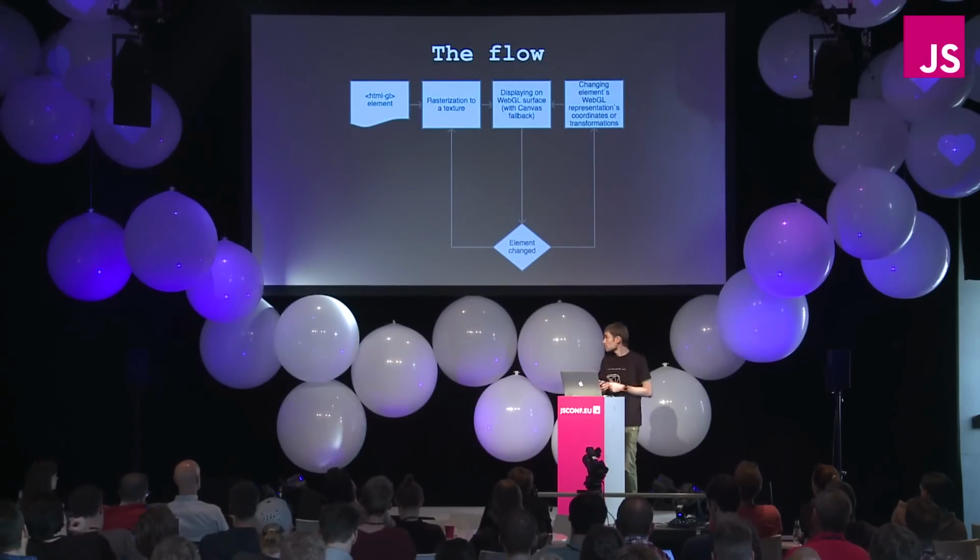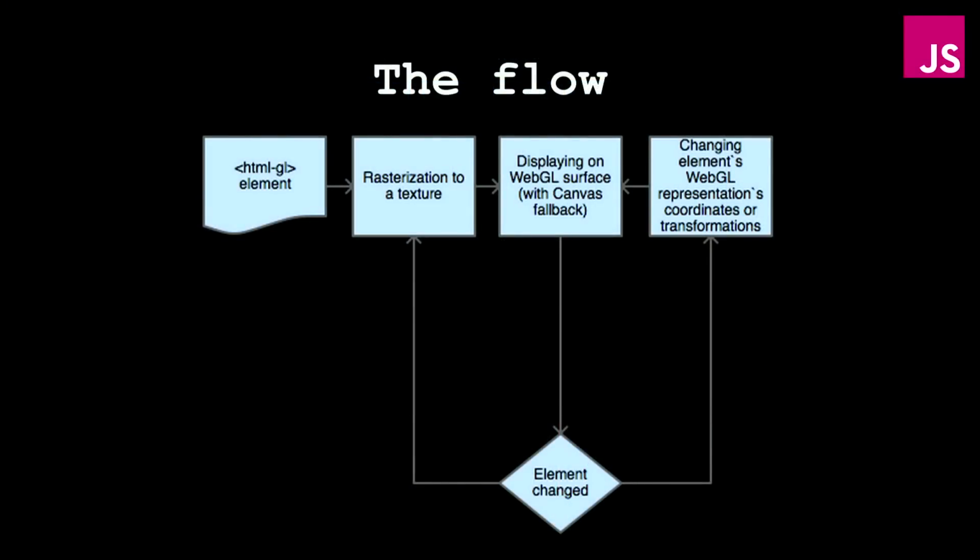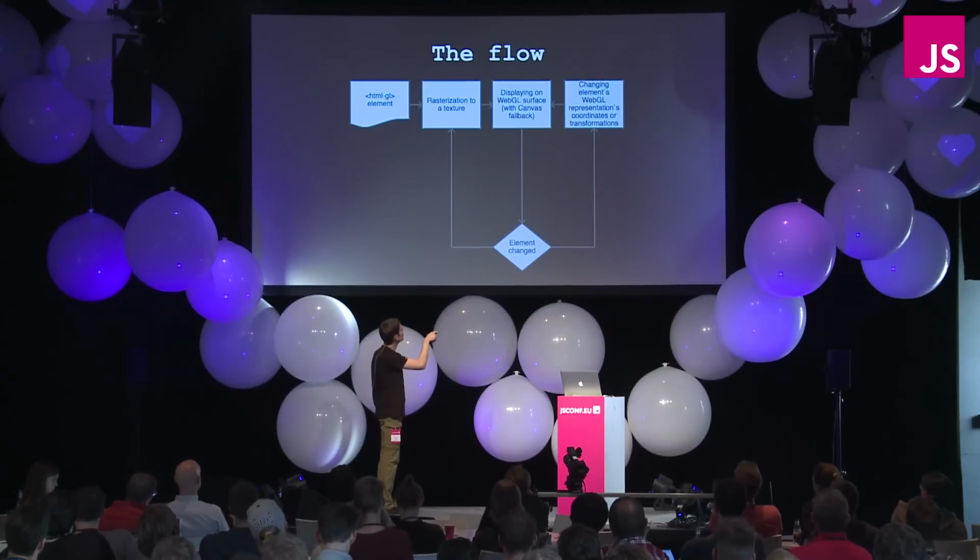So how does it work? When the browser meets an HTML/GL element, it rasterizes it to a texture, basically to a canvas element, and then puts it on a full screen WebGL surface. So it's being displayed, and if something changes, there are 2 ways to go. The first one is if content changes.